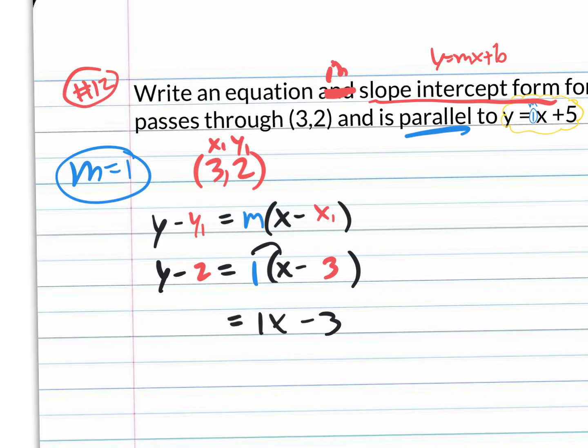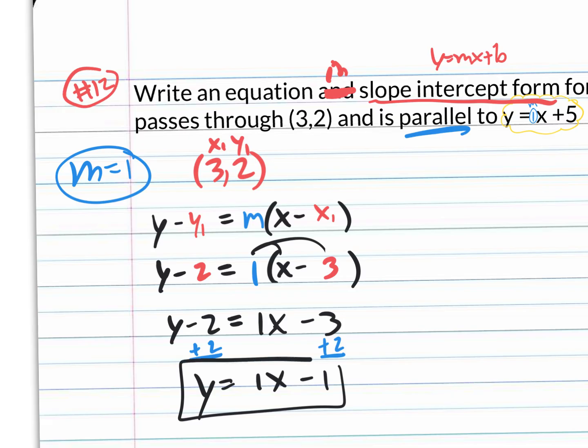Bring down the equal sign, bring down the y minus 2. Now you can get y by itself. All you got to do is add 2, and here's your y equals mx plus b equation. y equals 1x minus 1. That's your answer, your equation in slope intercept form.